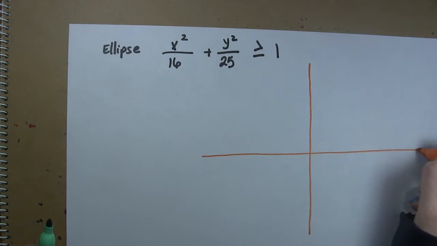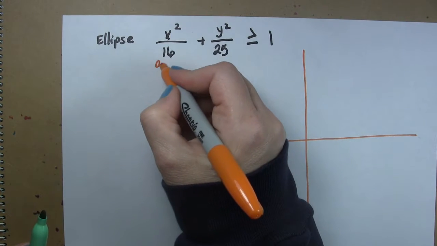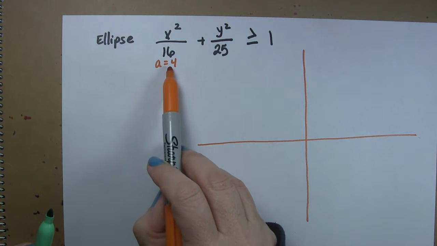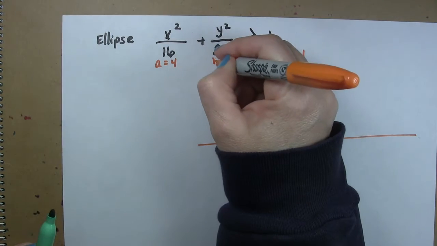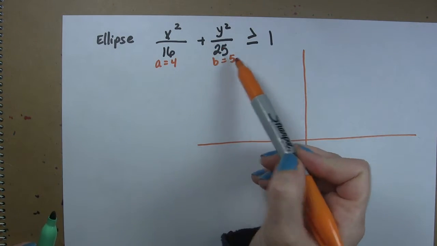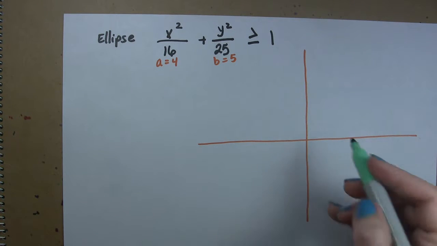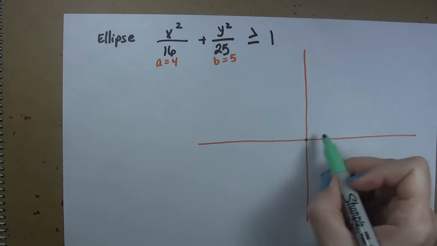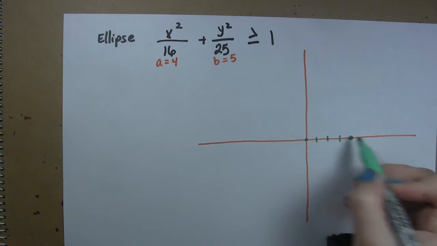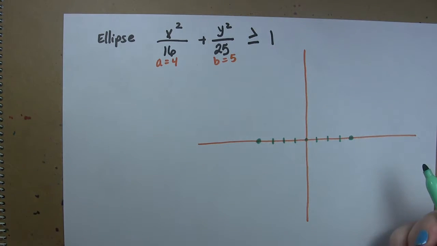All right, so let's draw what this ellipse might look like. I say it might look like this because I'm probably not going to draw it perfectly. We know that our a is 4 because a squared is 16, and so you take the square root of that and you get 4. And we know that our b is 5 because b squared is 25, so the square root of that is 5. So marking that, here's our center, and we have 1, 2, 3, 4, 1, 2, 3, 4 for our a value.